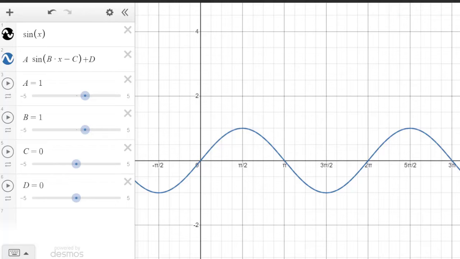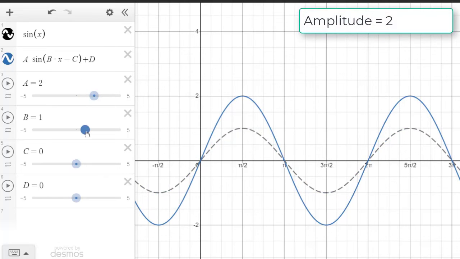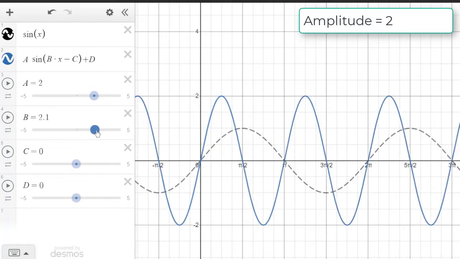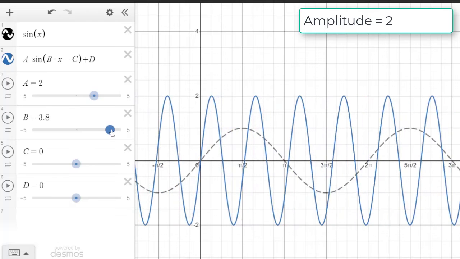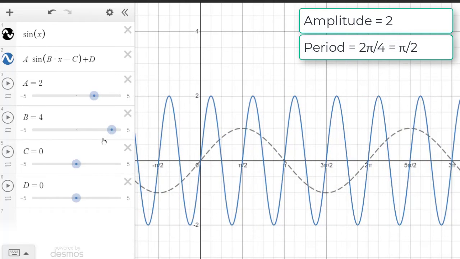All right, so let's do a combination of things. Let's amplify the curve, so we'll make a equal to 2. Let's squish the curve a little bit by a factor of, say, 4. So we'll make b equal to 4. So now the period is 1/4 of what it was before. And let's shift the graph by some amount.